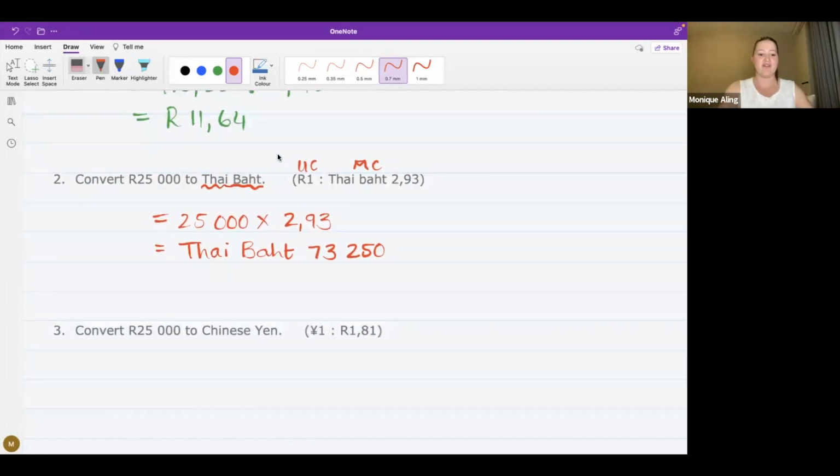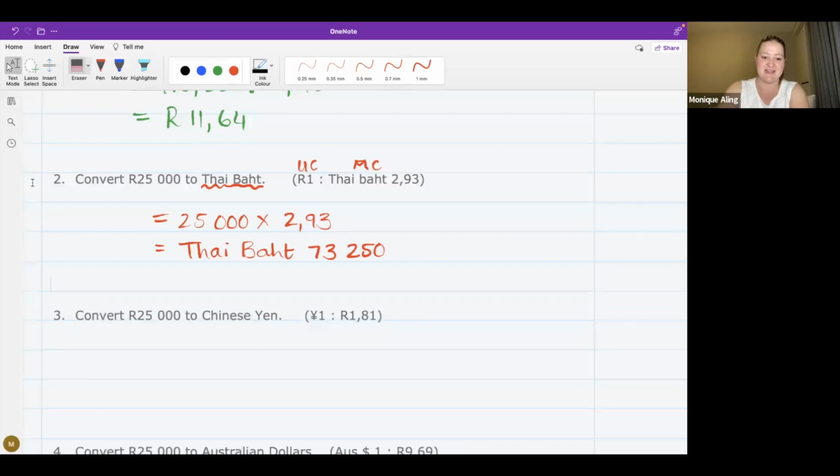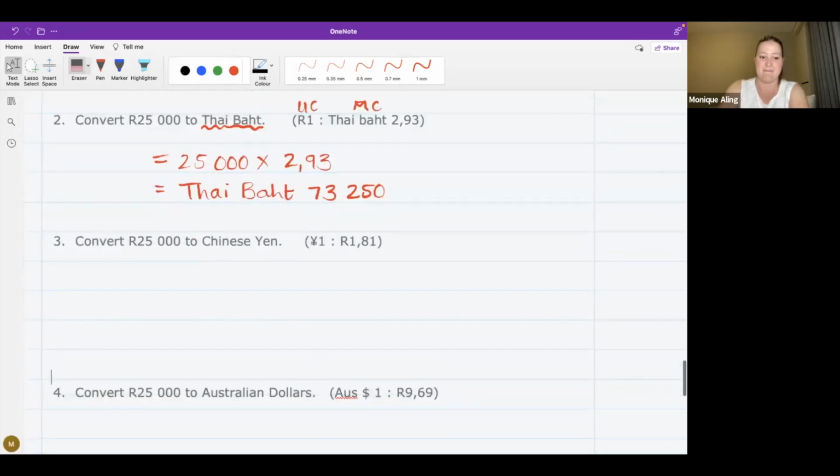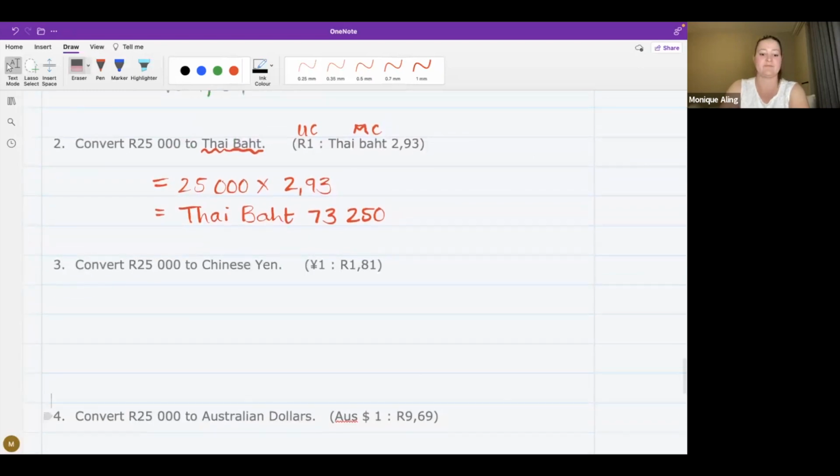Let's try this. Convert 25,000 rand to the Chinese yen, if our exchange rate is 1 yen is equal to 1,81 rand. Oh, you guys are too quick for us, eh?